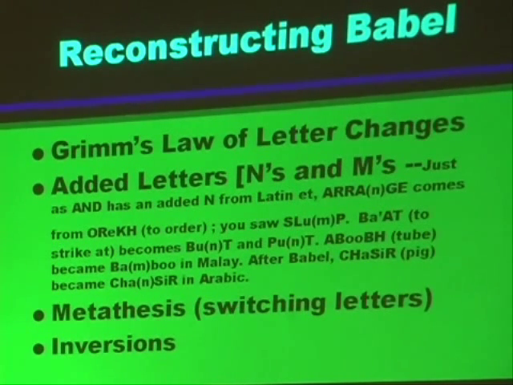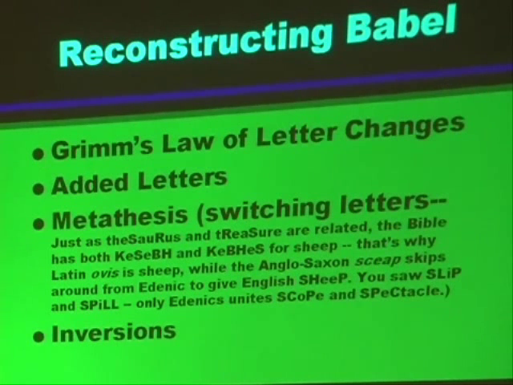Let's go to another example. The switching of the letters. Even in the Torah, you will find keves and kesev, the same word for sheep, but sometimes written keves and sometimes kesev. So that also happens in other languages too, where there's a switch in the order of the letters sometimes.